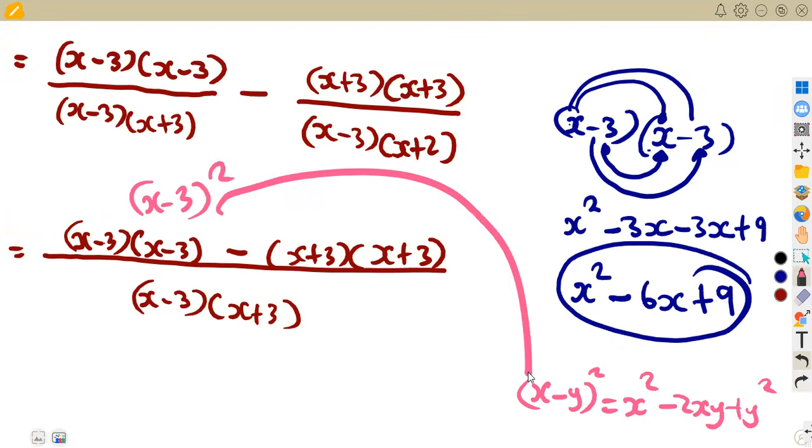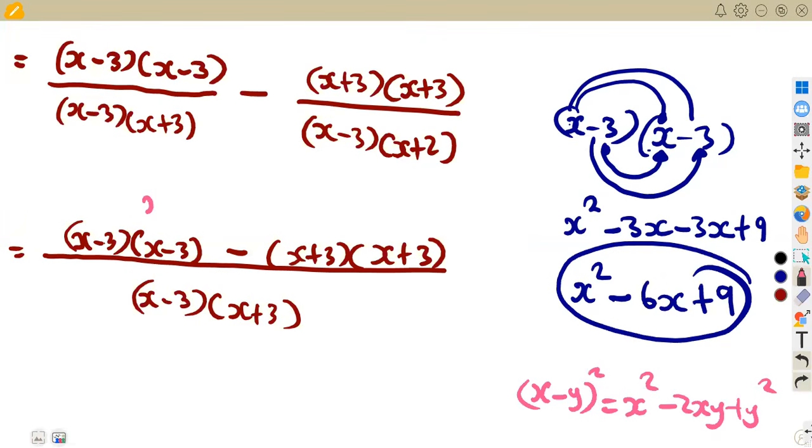So we can use this to expand x minus 3 squared, which is one and the same answer that we obtained using the FOIL method or the distributive method. So this will be x squared minus 6x plus 9.